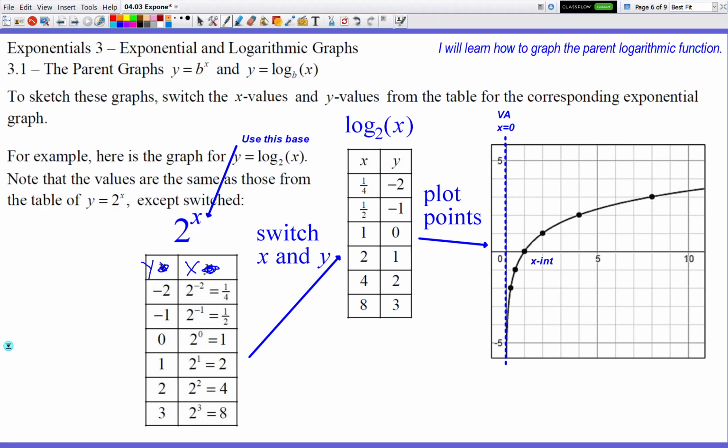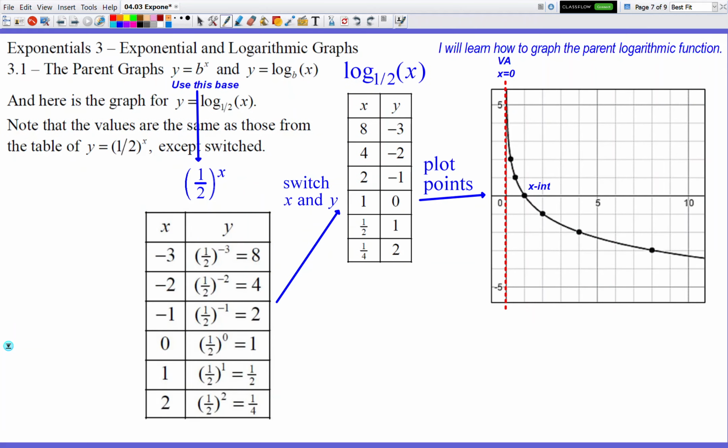Okay, so I'm going to show you guys the next slide, and when you see it, hopefully you can take a quick screenshot, because I'm not going to spend too much time on this, but it basically is the same exact process that I just showed you, except the only difference is the base value is 1/2. Since the base value is 1/2, it's just going to do the opposite.